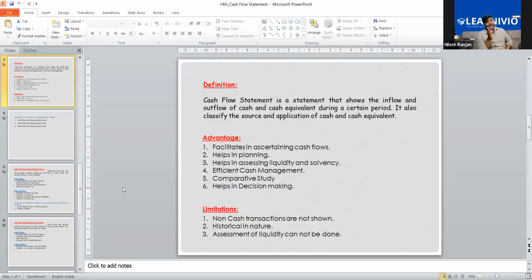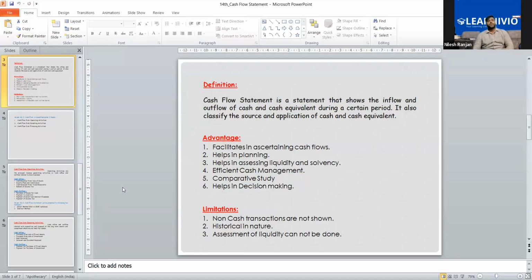A cash flow statement also helps in comparison: previous year cash inflow and current year cash inflow, previous year cash outflow and current year cash outflow, our cash position and other competitors' cash position in the industry. These help in finding the strengths and weaknesses of other companies as well as ours. So the comparative study will be helpful.